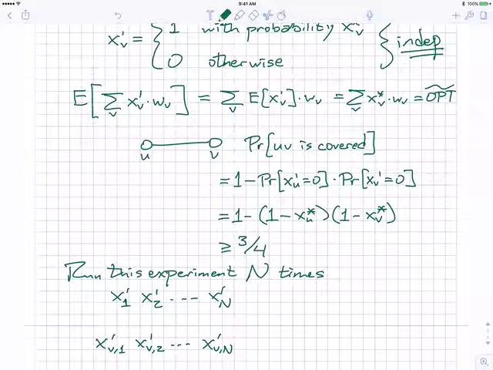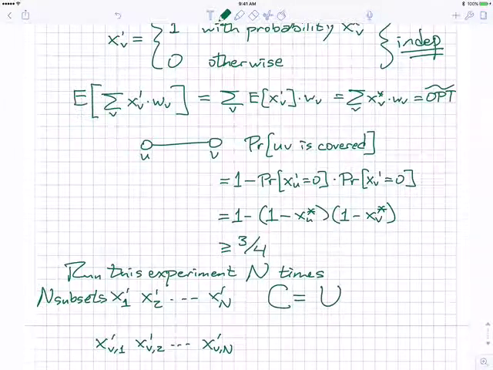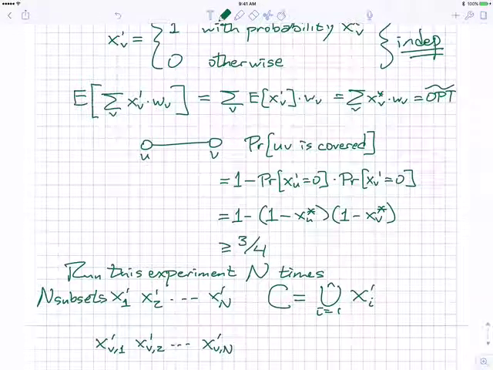So I'm going to get N subsets. And now, finally, I'm going to let C be the union, from i equals 1 to N, of these individual subsets. Run the experiment once, you mark some of the vertices. Run the experiment again, you mark some of the vertices. You run the experiment again, you mark some of the vertices. Okay?